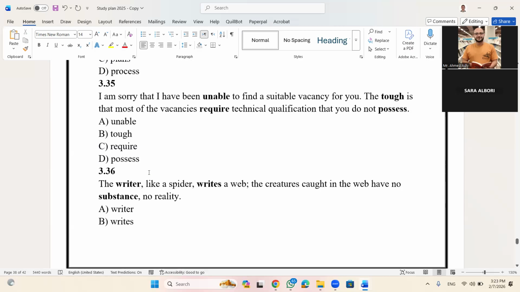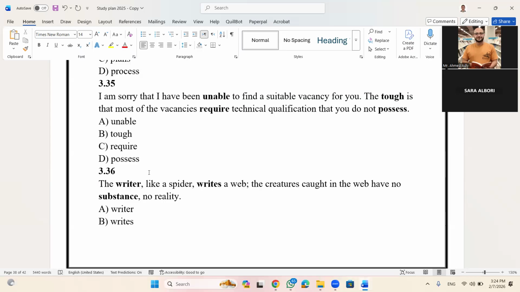I'm sorry that I have been unable to find a suitable vacancy, I mean a free job, for you. The tough is the most of the vacancies require technical qualification that you don't possess. So this paragraph is about somebody who's apologizing to an applicant, somebody who wanted a job.